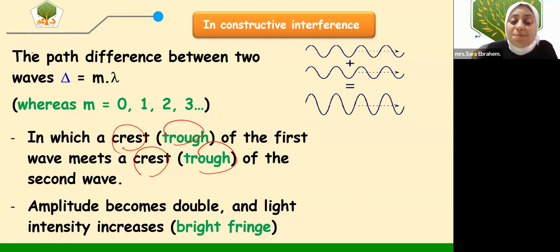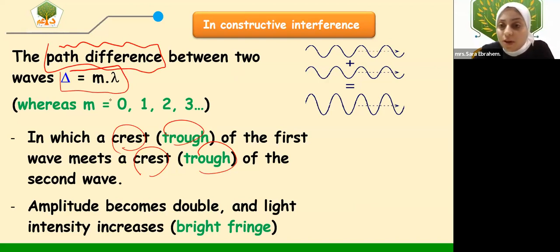And the path difference. What is the meaning of path difference? The path difference between two waves, delta, is equal to m times wavelength, where m is 0, 1, 2, or 3.